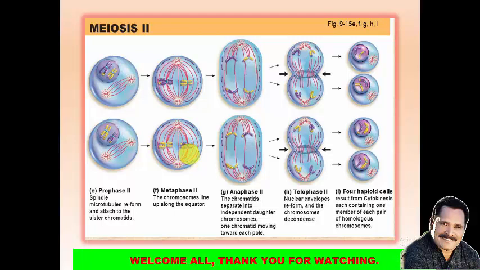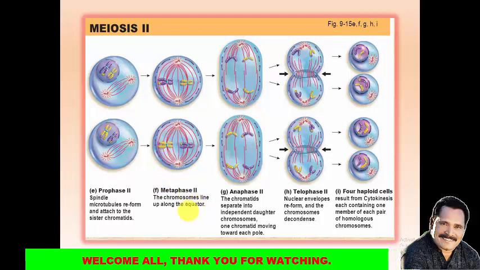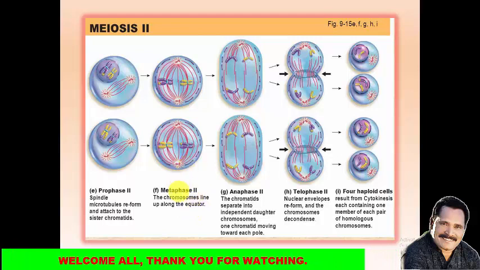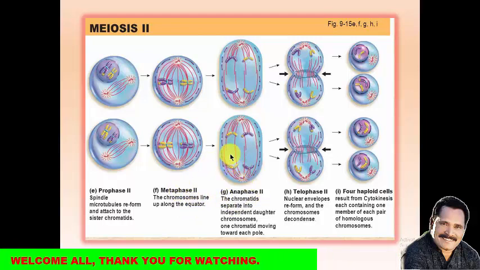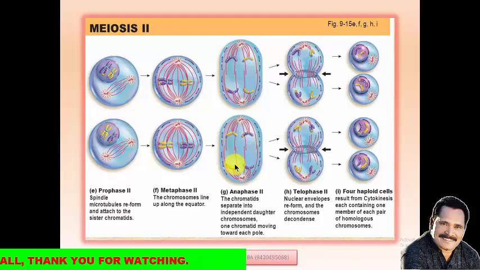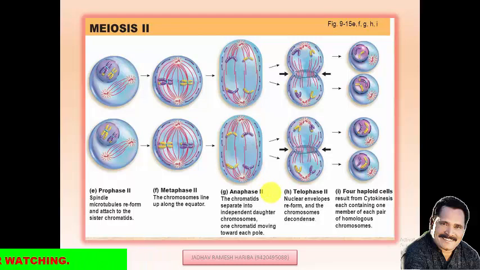Then there is a formation of spindle fibers, and they get attached to the chromosomal centromere. Then in anaphase second, these sister chromatids get separated here. The sister chromatids separate, and independent daughter chromosomes are formed. One chromatid moves towards each pole of the cell.